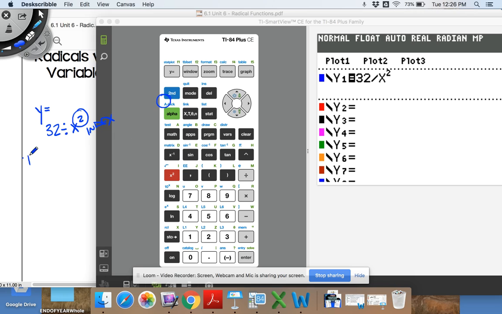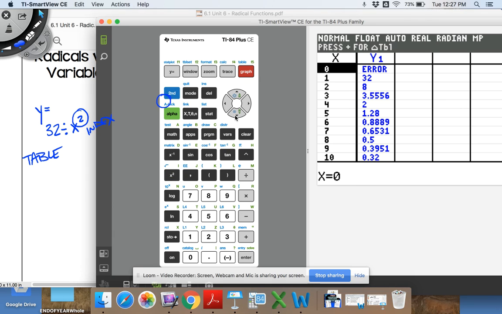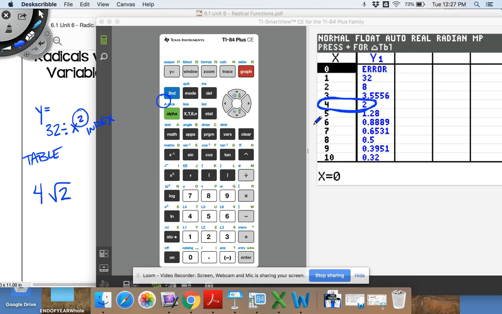Then we're going to go to the table. To go to the table, we click second and the graph button, and we go to the farthest down whole numbers like that. So this tells us that our simplified form would be 4 and the 2 stays underneath.